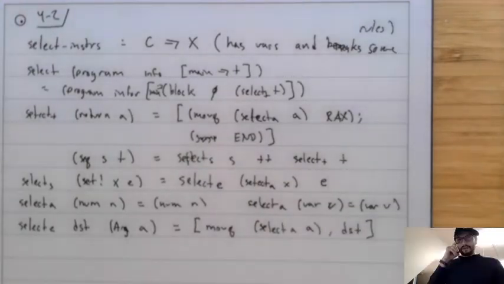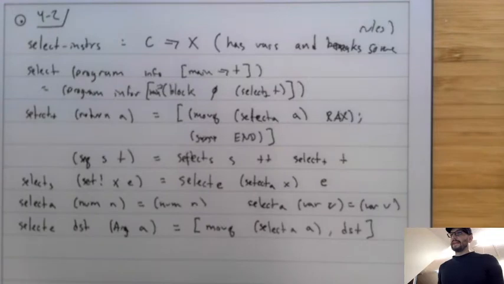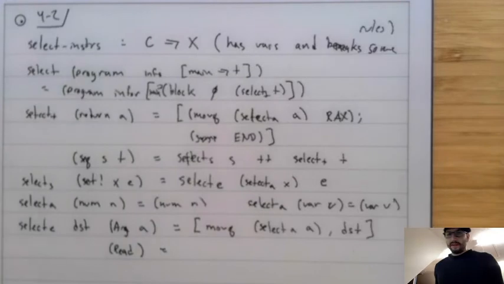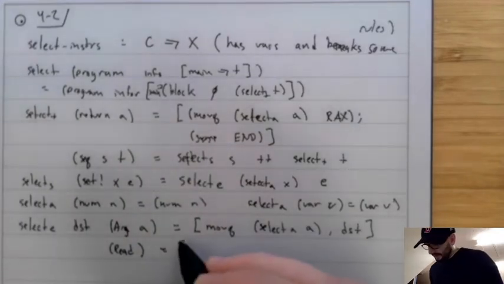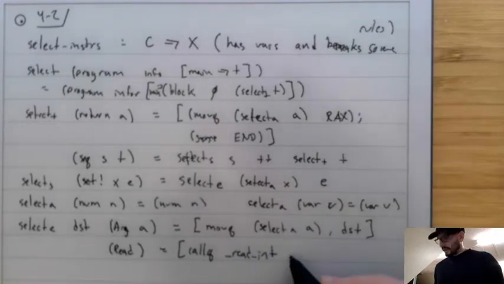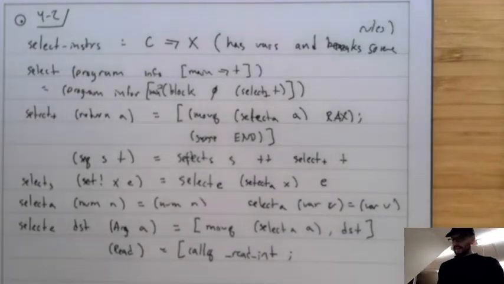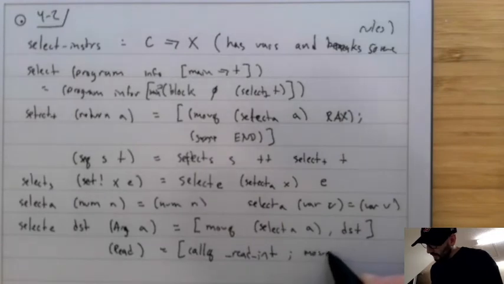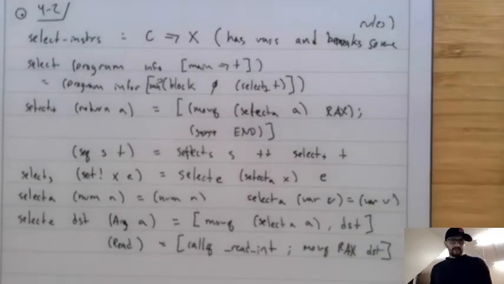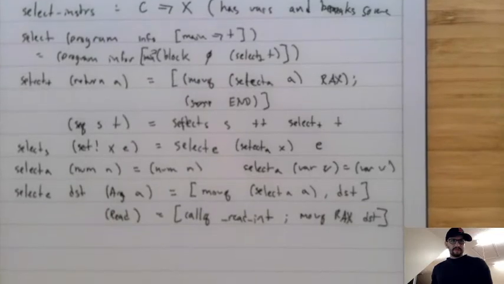Okay, if we don't get an argument, what we're going to get is a read. Okay, and if we read, what we'll do there is we're going to do callq. So callq is as though you call a function, and we're going to call the function readInt. And then after we call it, its answer is going to be in RAX. So we're going to movq RAX into the destination. Or, and here let me move more space.